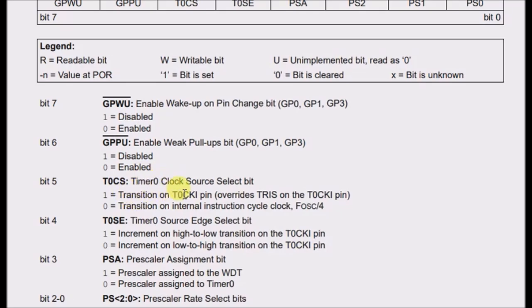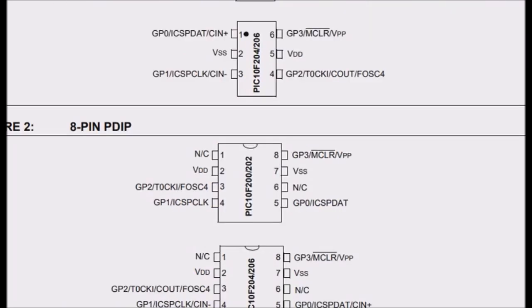Transition on T0CKI pin overrides TRIS on the T0CKI pin. 0, transition on internal instruction cycle clock. I don't want to risk putting an error in my video. Probably do that enough. But the T0CKI function is related to pin 3.